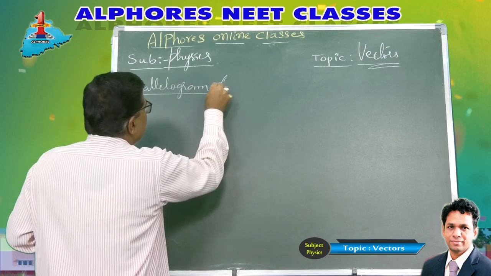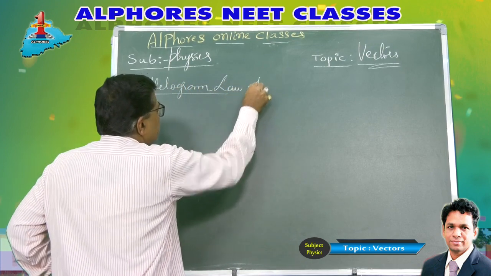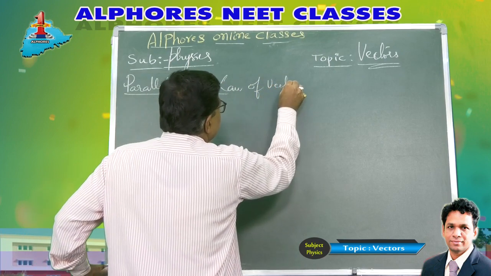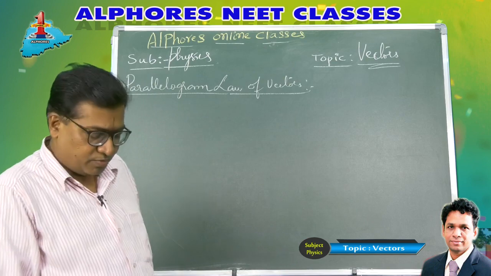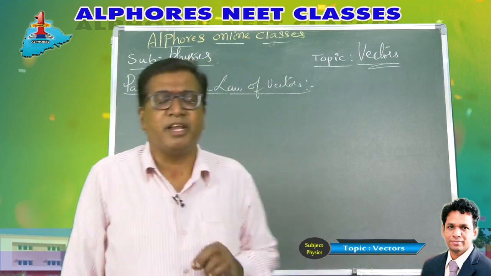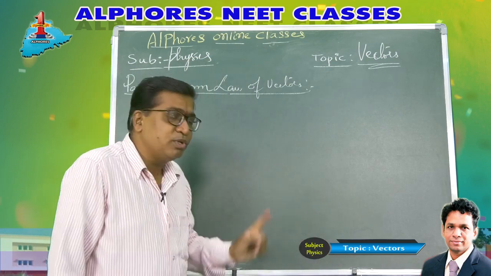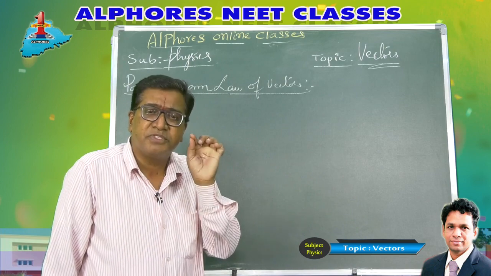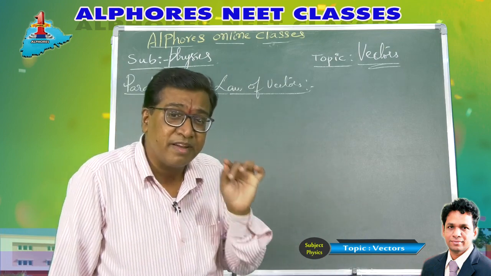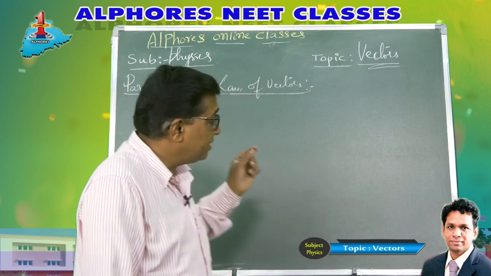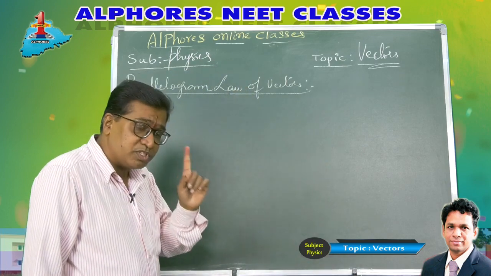parallelogram law of vectors, a very important law to find the resultant of two vectors. Parallelogram law of vectors. First of all, to whom is it applicable? It is applicable to two vectors of the same physical quantity, two similar vectors.